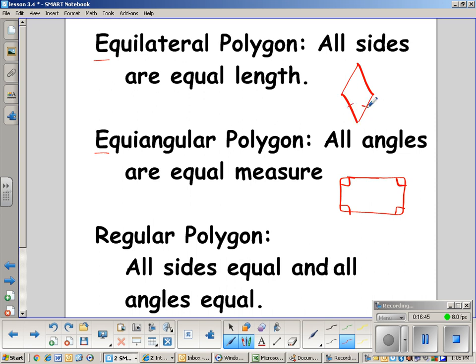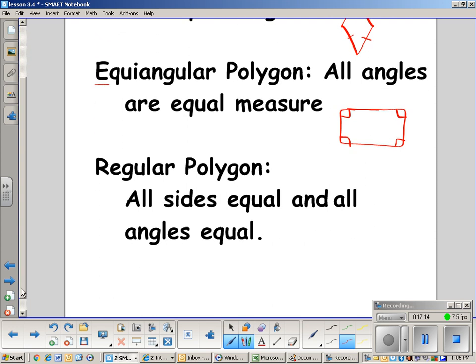It's possible, I didn't draw that very well, but this rhombus has all four sides the same length, but the angles are not all the same measure. Okay? It's not automatic that they have the same angles if they have all the same sides. That's what I meant to say. Okay? So all three of these have different meanings. Any questions on those meanings?